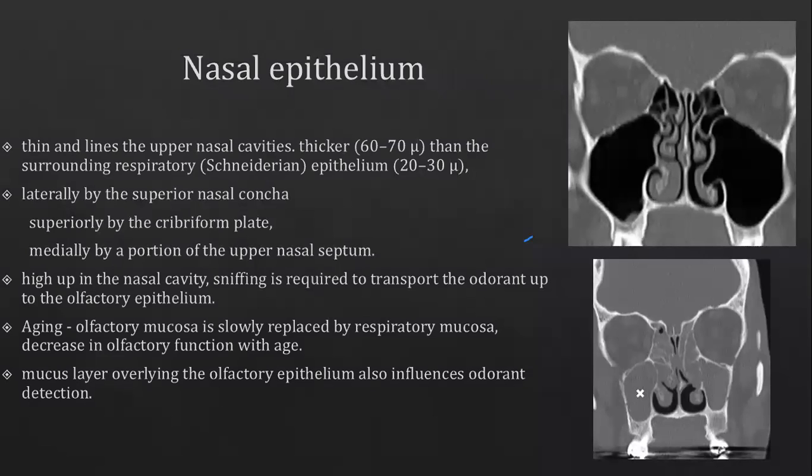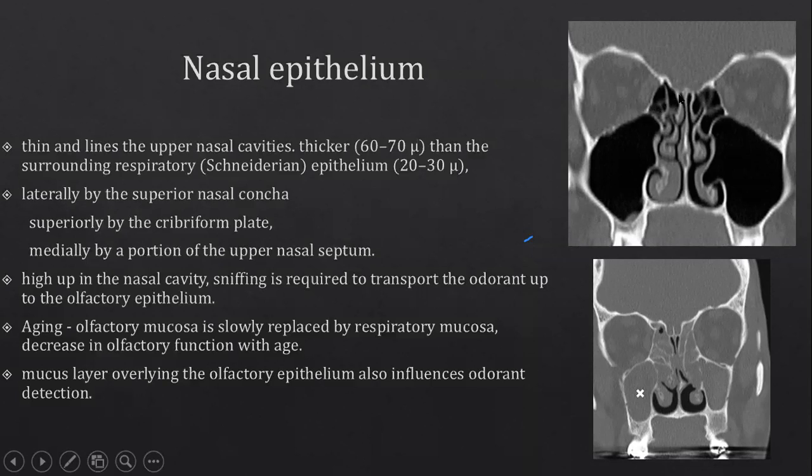Okay, we go back again to try and understand the epithelium of the nose. And you'll remember we talked about the epithelium. There are two types of epithelial cells which line the nasal cavity. One is the olfactory one, which is located very high in the nasal vault, close to the skull base over here, medially bound by the nasal septum, laterally by the superior turbinate, and superiorly by the cribriform plate.